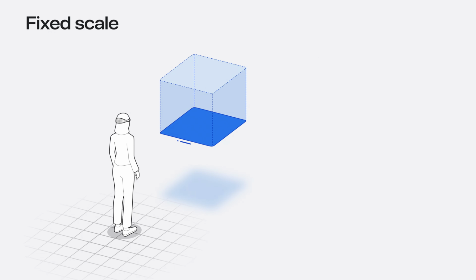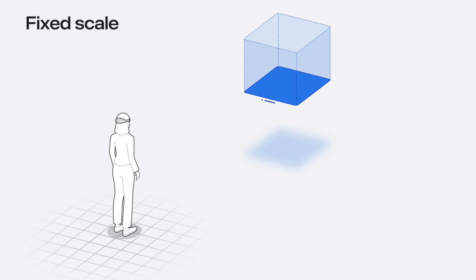Volumes themselves, on the other hand, default to fixed scale, which helps to increase their sense of presence in the world. They remain at a fixed size as they get moved further away, so their content appears smaller at a distance. For a lot of volumetric apps, this looks great, because it lets you visualize the virtual content in your room, like it was right there with you.